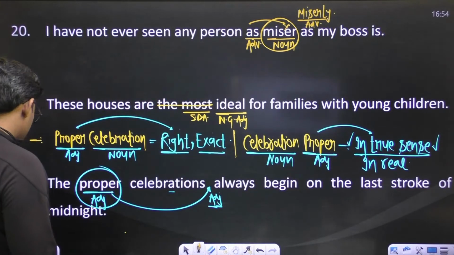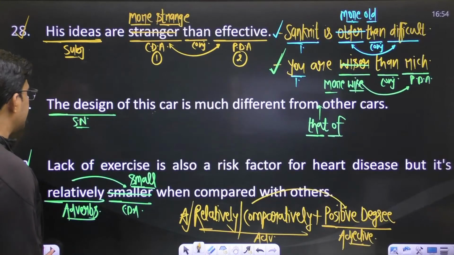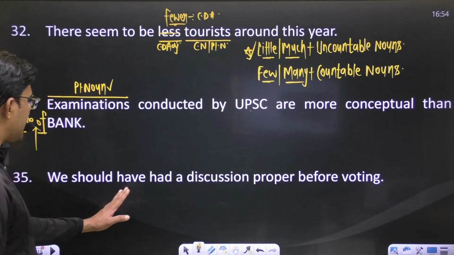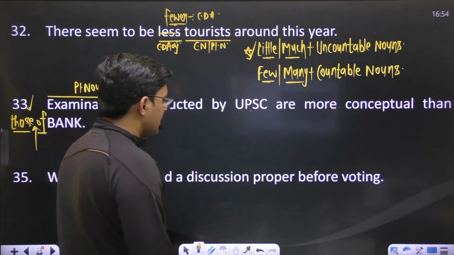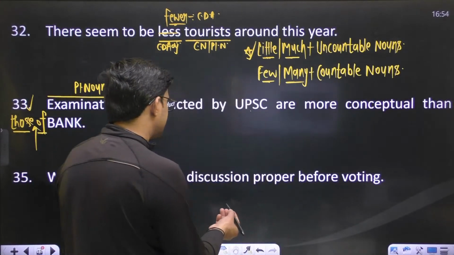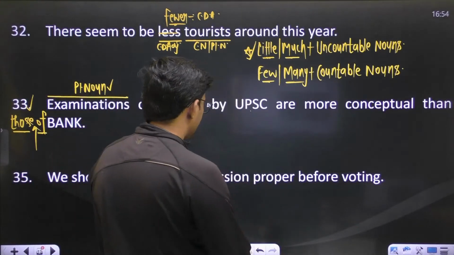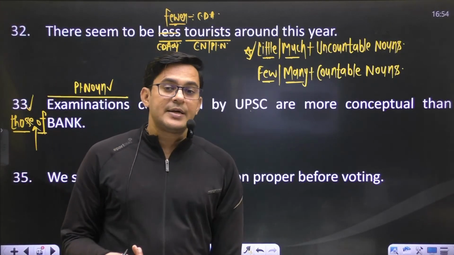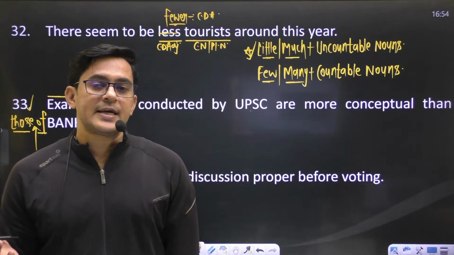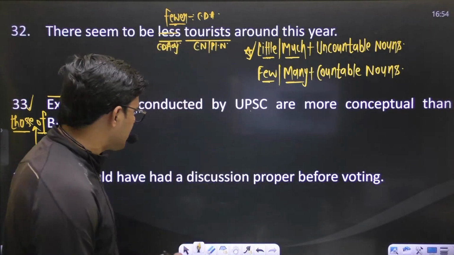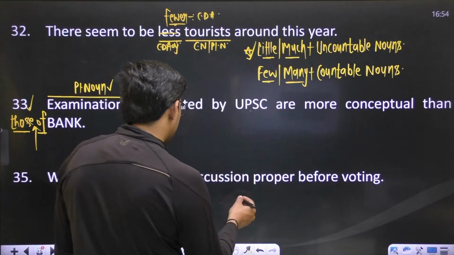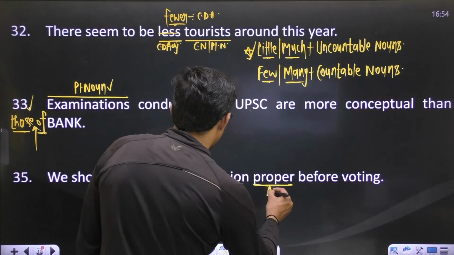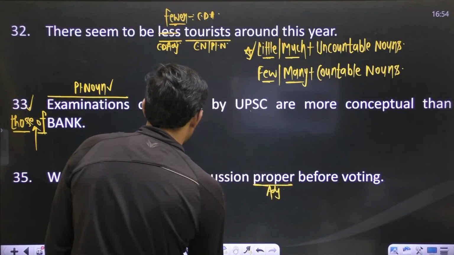Okay. So here in the sentence, it is said we should have had a discussion. We are talking about an exact discussion. So to show the sense of right or exact, we require this adjective before a noun.